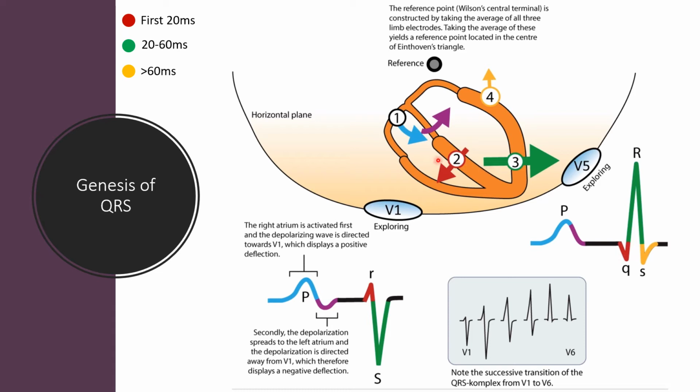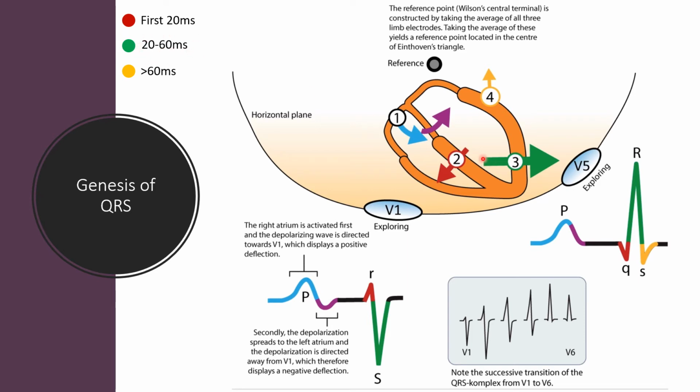The second portion of the QRS complex is the apical depolarization, and most of it is carried towards the left ventricle because of the bulk of the left ventricular muscle, and therefore that depolarization goes leftward and posteriorly towards V5 and V6, and this happens between 20 and 60 milliseconds from the onset of the QRS complex.